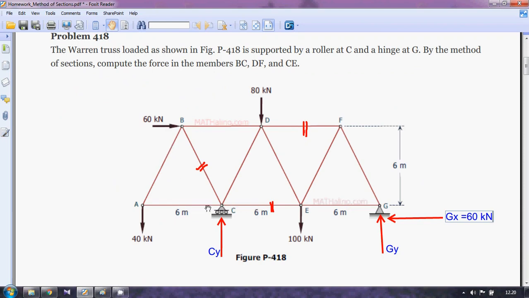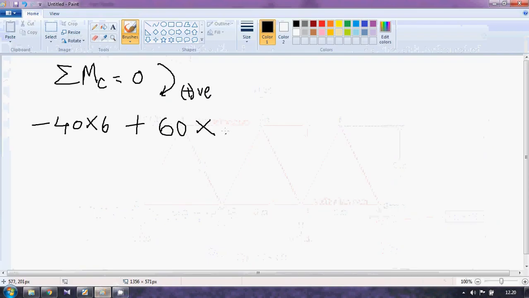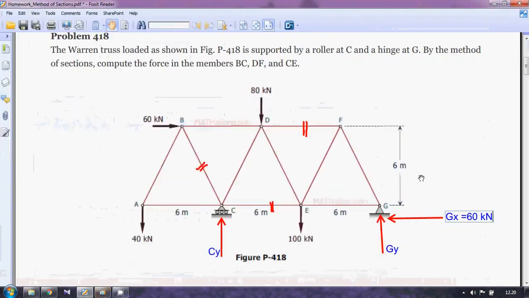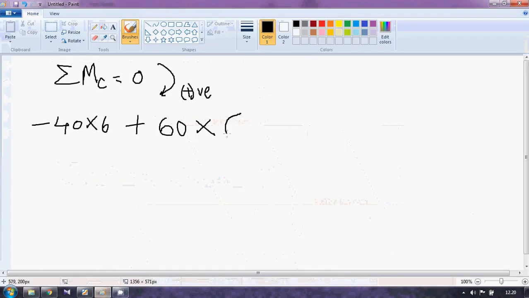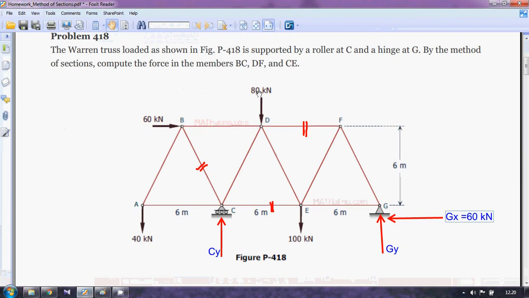The distance must be the distance between these two lines, so it is 6 meter. Yeah, 6 meter.